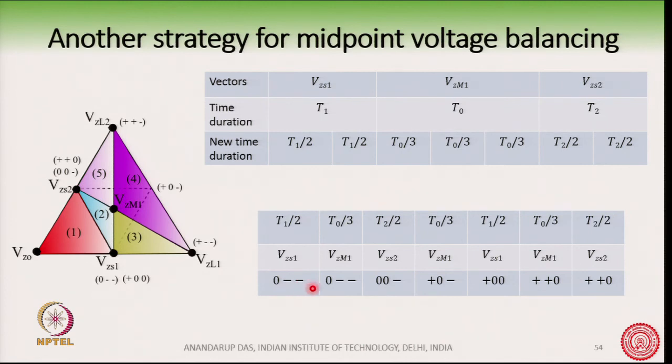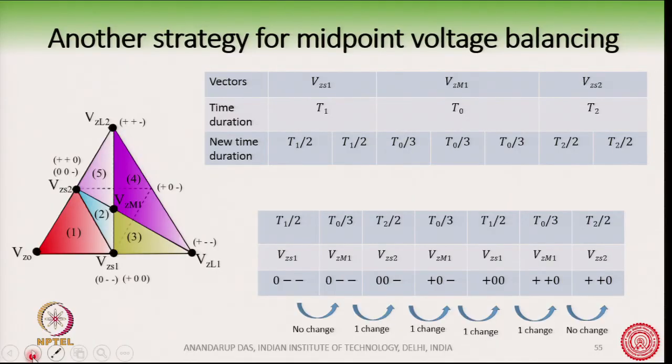So, if you place your switchings like this, what happens with the changes? From here to here you see there is no switching change, identical. From 0 minus minus to 0 0 minus you have one change. From 0 0 minus to plus 0 minus means you have the plus changing from 0, so one change.